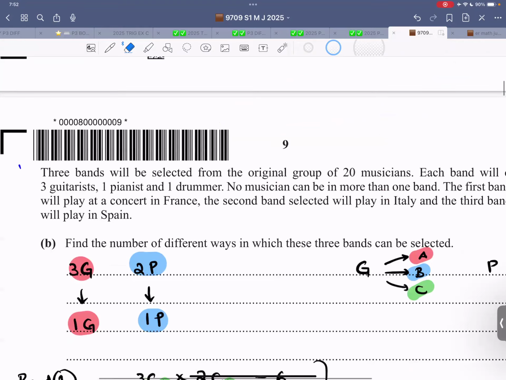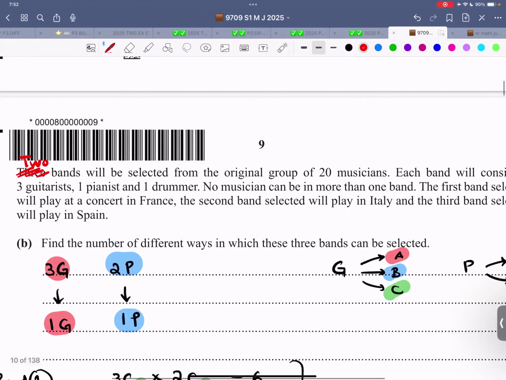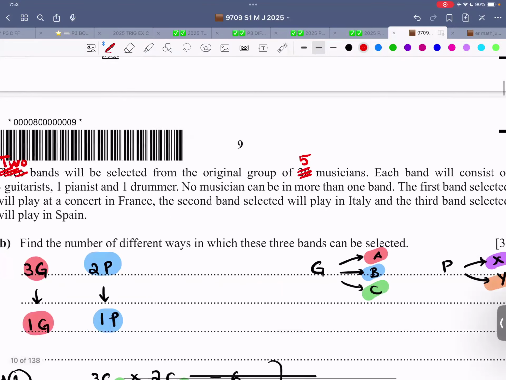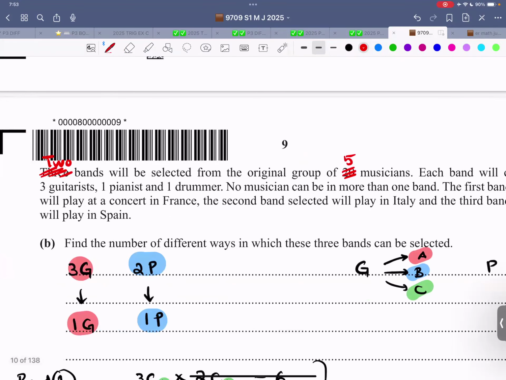First of all, instead of 3 bands, I'm selecting 2 bands from the original group, so I have reduced this. Each band will consist of 3 guitarists and 2 pianists. I'm just removing the drummer. No musician can play in more than one band. That is all good.